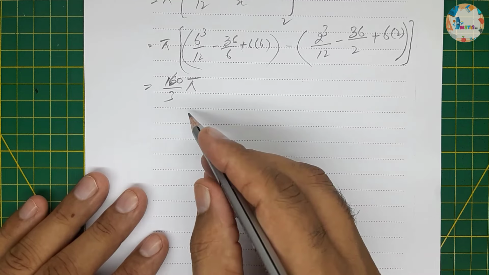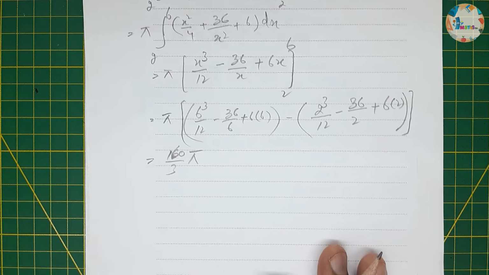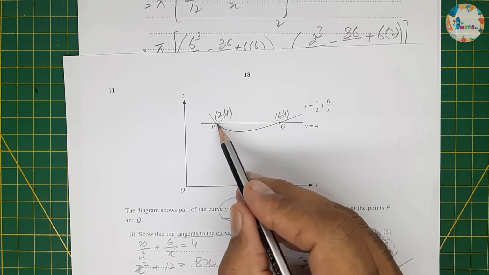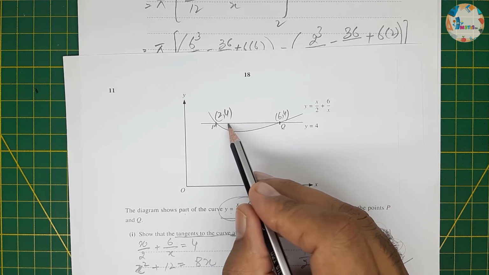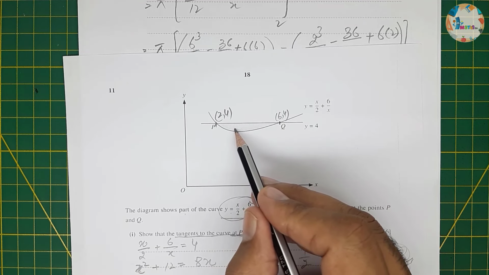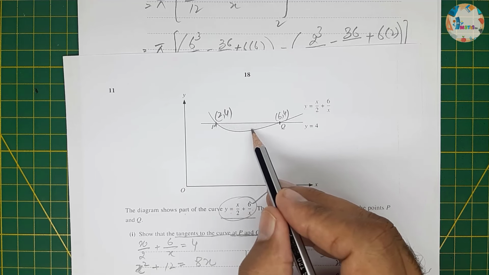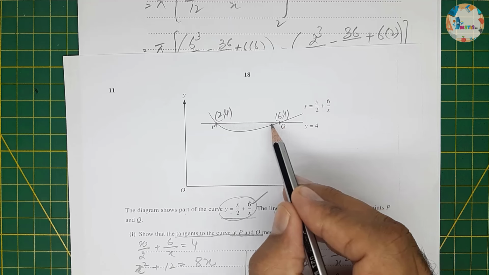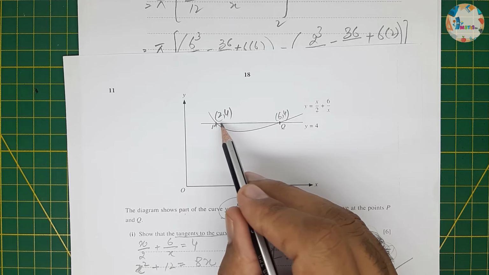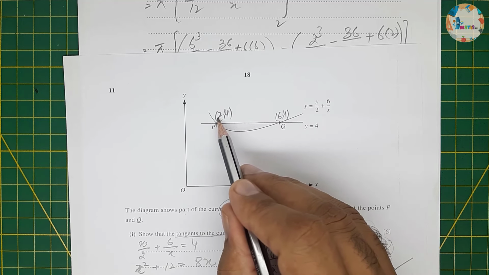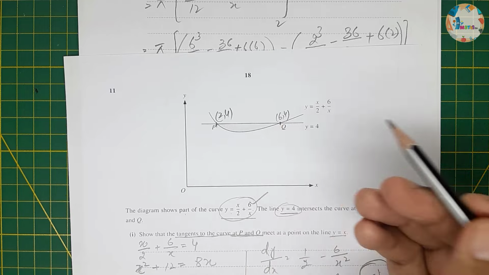Now we will be subtracting the volume for this portion. This will be pi r squared h, where the radius is 4, so r squared is 4 squared, and the height will be 6 minus 2, which is 4.